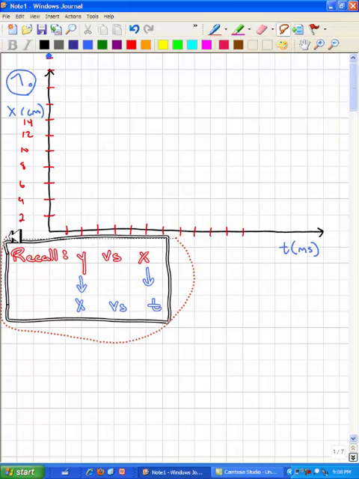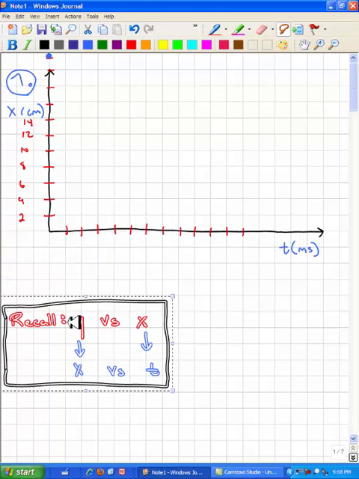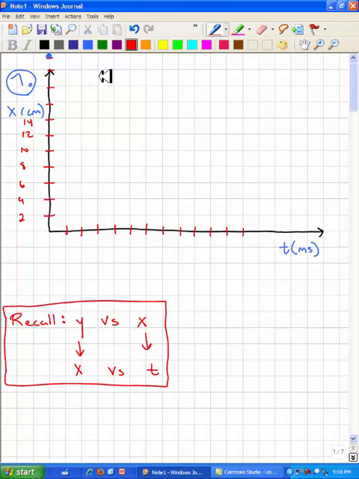And our x-axis is also broken up similarly.